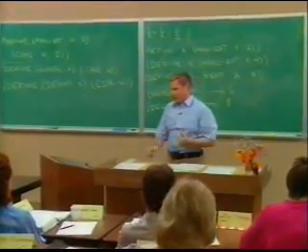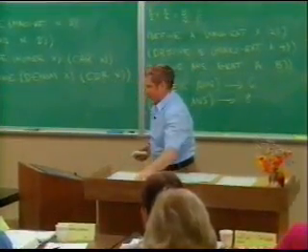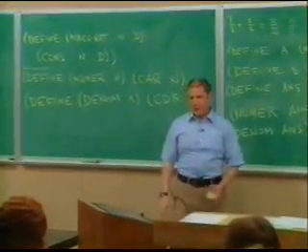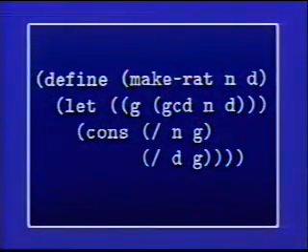And what I mean is, wouldn't it be better for George, instead of using this version of make-rat, to use this one on the slide, where instead of just consing together n and d, you compute the greatest common divisor of n and d. GCD is a procedure which, for all we care, is a primitive, which computes the greatest common divisor of two numbers.